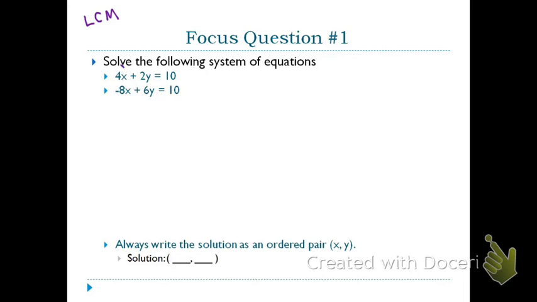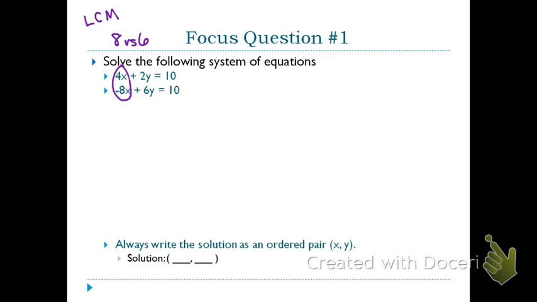So if we're looking at the 4 and 8, essentially, 4 does indeed multiply into 8, which is kind of nice. So we're looking at an LCM of 8 for the x's. For the y's, well, 2 does multiply into 6, so we're looking at 6 if we're trying to eliminate y.